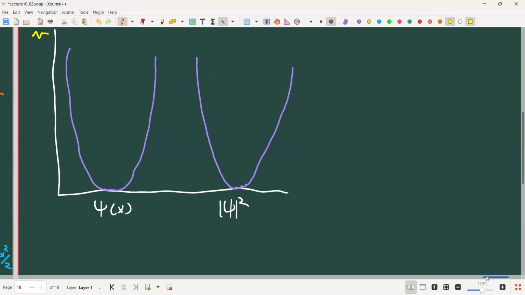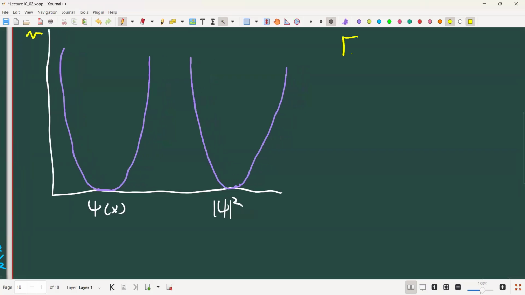Right? So the energies of the harmonic oscillator are quantized by the number v, the nu again. Right?